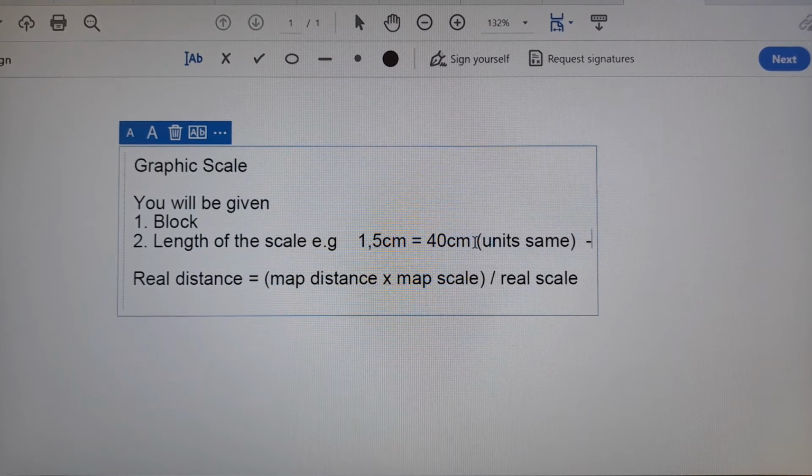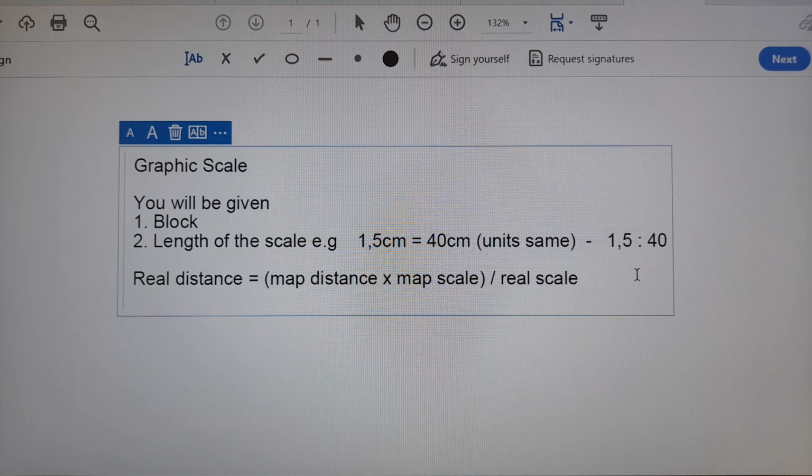And then after doing that, if you want to, you can rewrite this length of the scale as the ratio like this: 1.5 is to 40. Once the units are the same, you can rewrite it as the ratio.